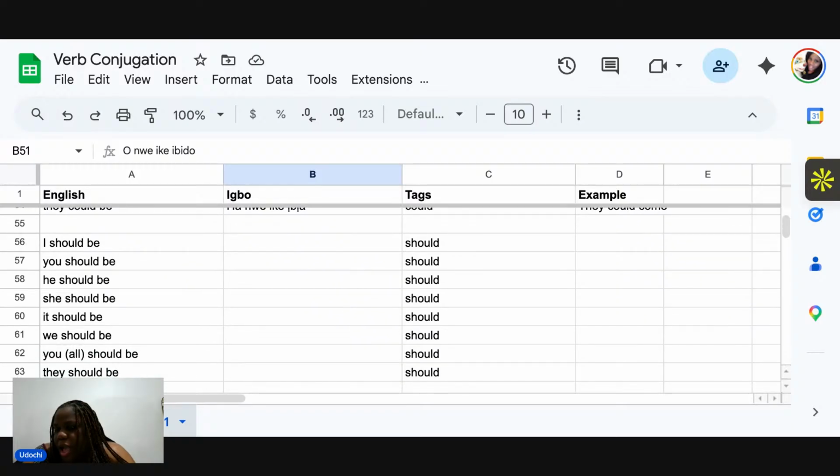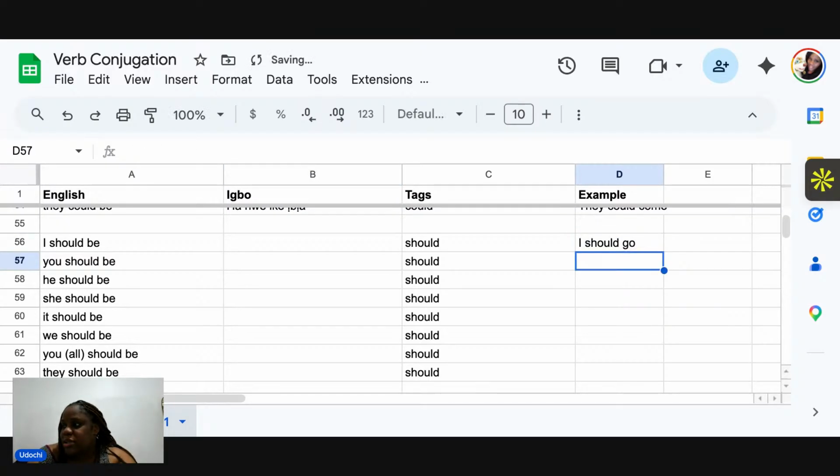Okay. I should be. Ekwesịrị m. I should. Ekwesịrị m is what I'm supposed to do, right? That's what I should do. Ekwesịrị m. I should go. Let's do that. I should go is an example.